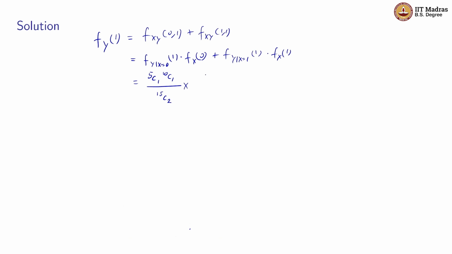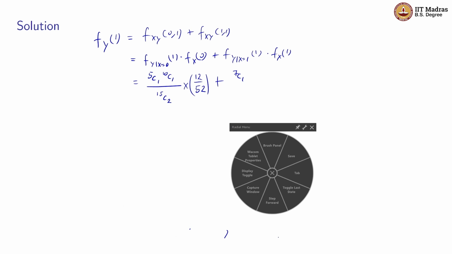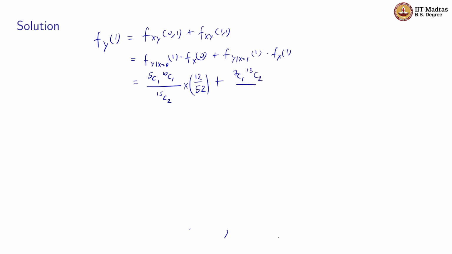X is equal to 0 is the probability of getting a face card, which is 12 by 52. Plus the conditional probability that y is equal to 1 given x is equal to 1. This is the probability of getting one red ball when we are selecting three balls from bag B. So this will be 7c1 for selecting one red ball out of 7 red balls available in bag B, into 13c2 for selecting two balls out of the rest of the balls.